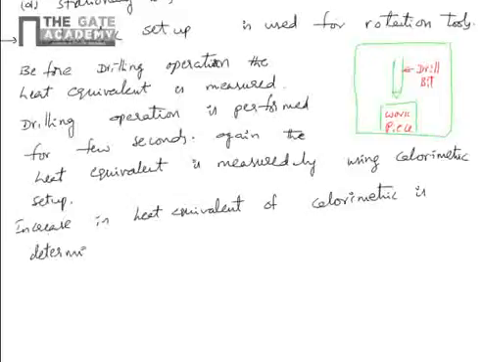Instead of heat equivalent, they take temperature. They calculate T average equal to the temperature before plus the temperature after the calorimetric setup, divided by 2.